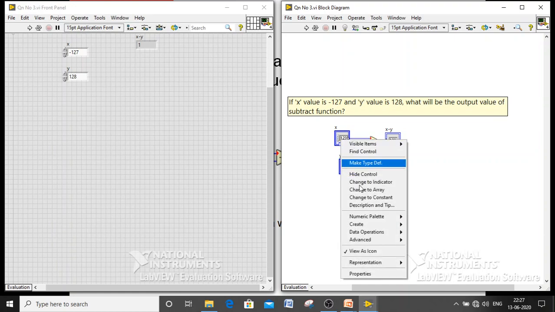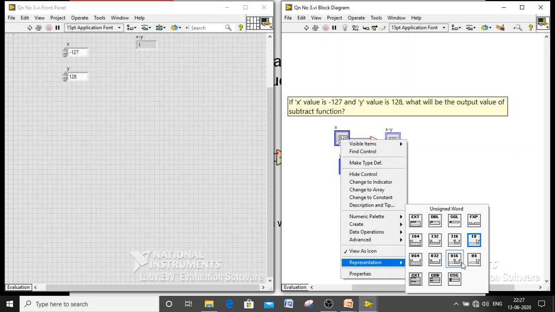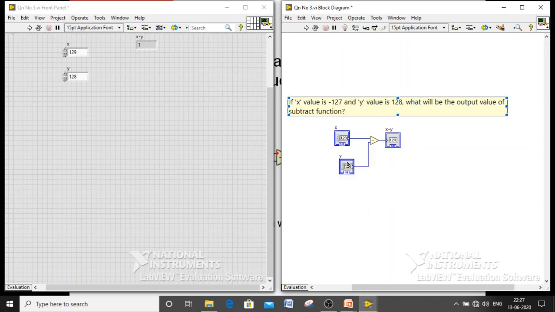Now you can see the result after changing that also to U8. Everything is U8. I typed minus 127 for the condition, but now it has become 129. That's the reason 129 minus 128 was subtracted and we got the answer 1. So the coercion dot copied and converted the data and then performed the operation.